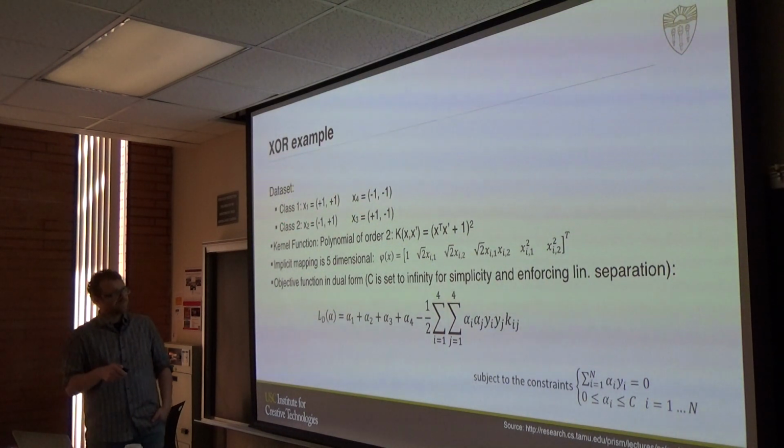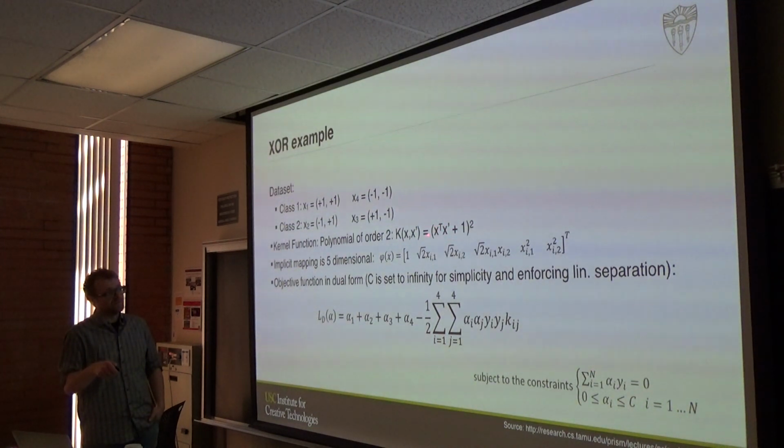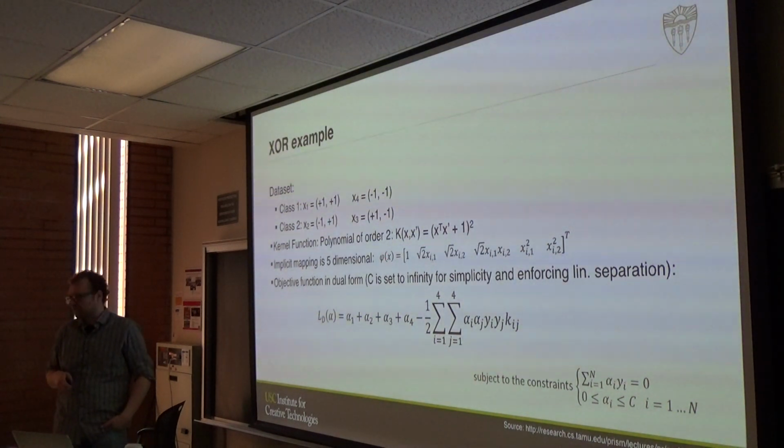As a kernel, what we apply is a polynomial kernel of order 2. So we compute this for each of our data points. And our implicit mapping would be a 5-dimensional basis function, okay? But we don't have to compute that because we can compute it through the kernel directly.